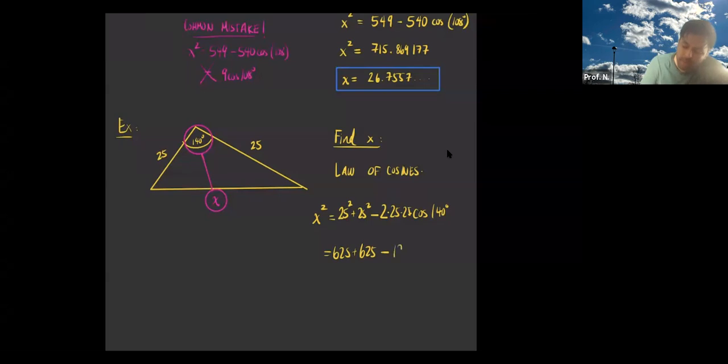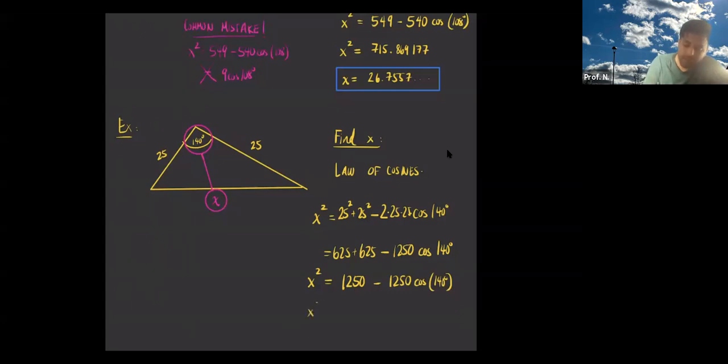So this is minus 1250 cosine of 140 degrees. And then I get 1250 minus 1250 cosine of 140 degrees. That's x squared. Again, I cannot subtract 1250 with 1250. I can't do that because 1250 here is attached to the cosine.